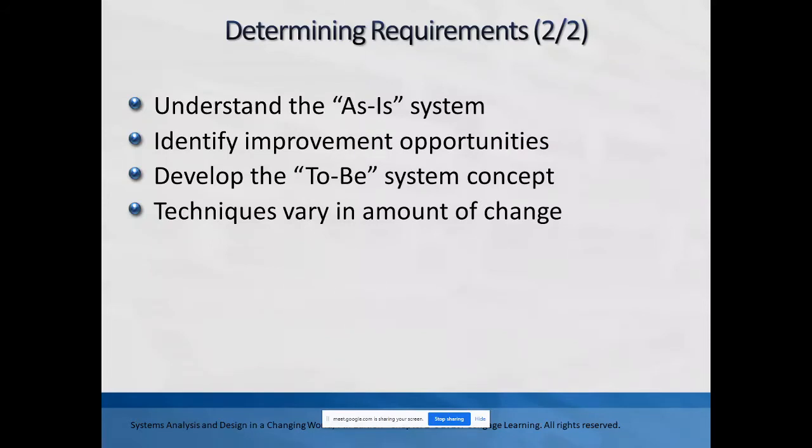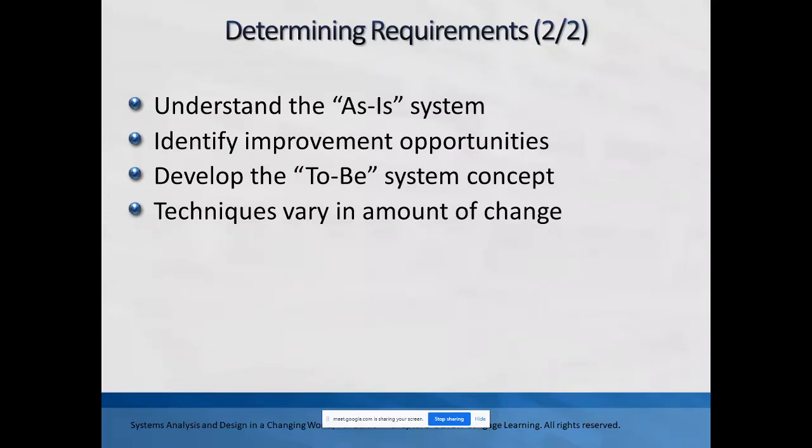Then you need to think about, well, how can it be made better? So kind of off the top of my head, when I was describing this, I gave some potential methods by which you could improve this as-is system, this process as it runs.